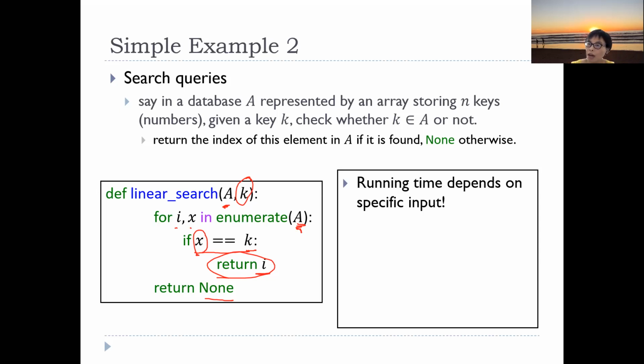We could talk about what is the best case. The case that we're really lucky is the best case, best scenario. So in the best case, what do you think is the running time of this algorithm? What is the best case? What's the best case scenario?